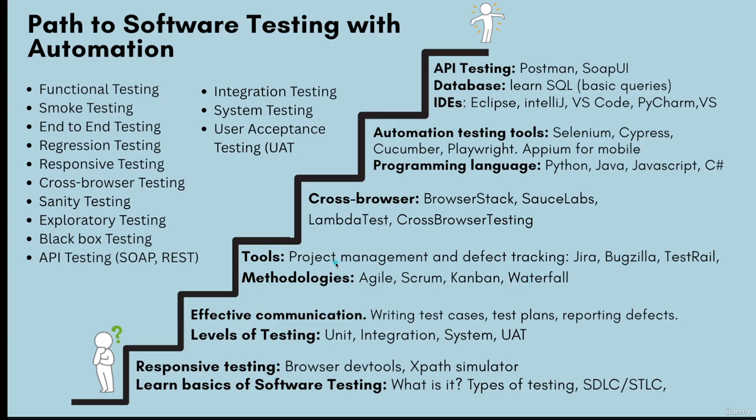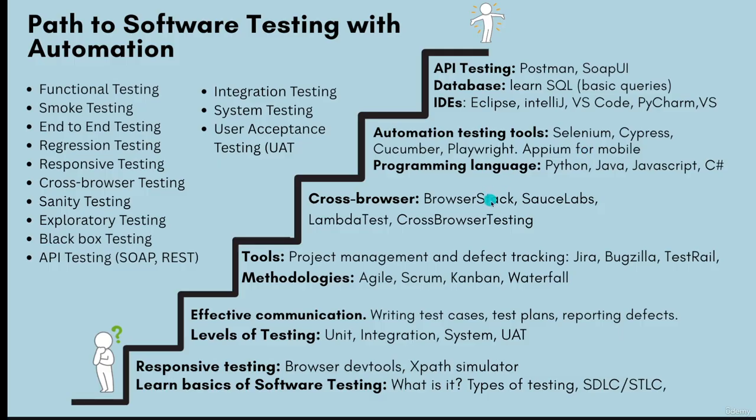Tools: project management tools, Jira, Bugzilla, TestRail, those are the most popular. Cross-browser testing, you can learn BrowserStack, Sauce Labs, LambdaTest. For automation specifically, Selenium, Cypress, Cucumber, Playwright, and Appium for mobile. I'm giving you the skeleton of what you should learn first, okay?